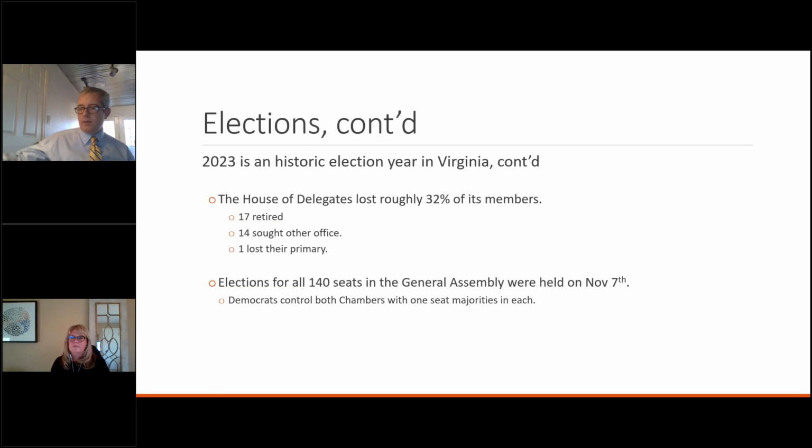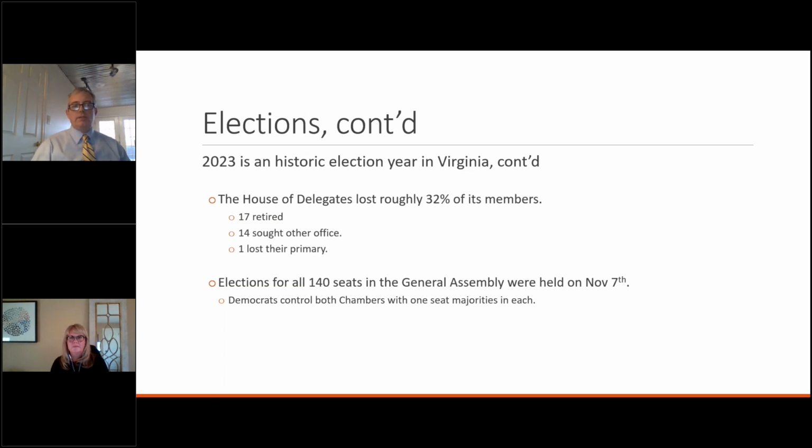So what does this mean for us? What this means is there was a huge loss of institutional knowledge. You know, people that sat on committees and heard issues and were familiar with industries and familiar with their lobbyists and their members that are now just gone, right?